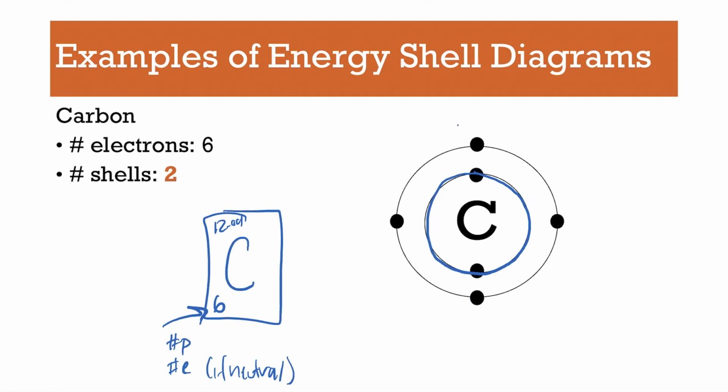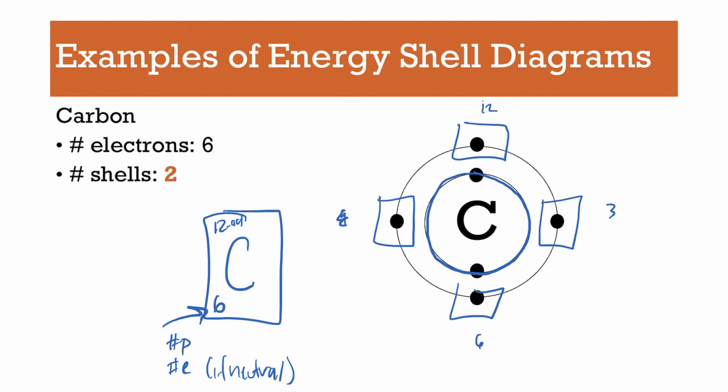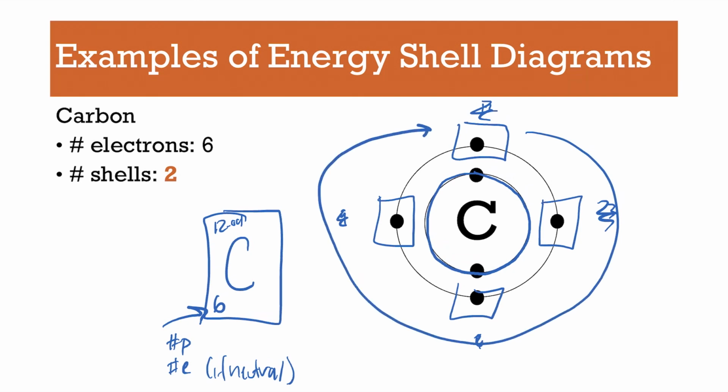So now, if we think about this as a clock, there are seats at the 12, 3, 6, and 9 positions. So you always want to kind of fill in that direction.